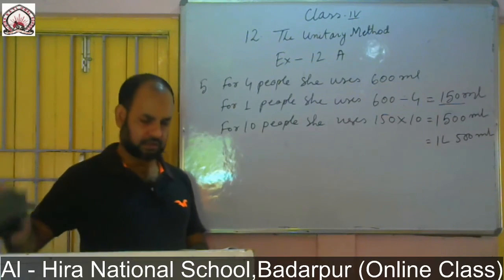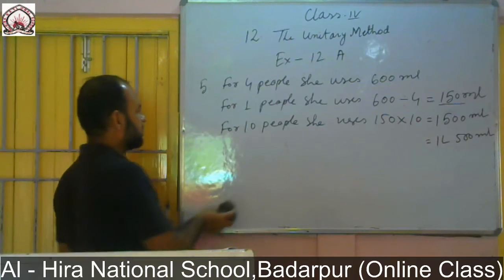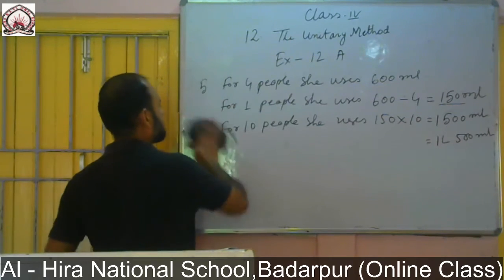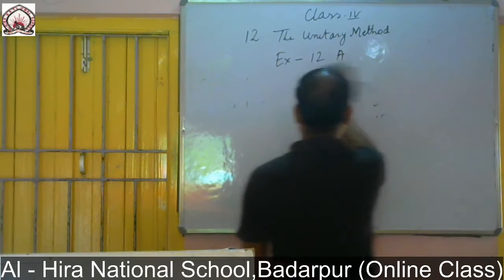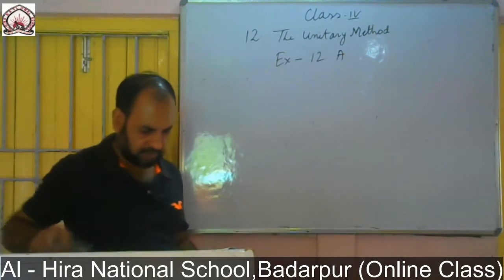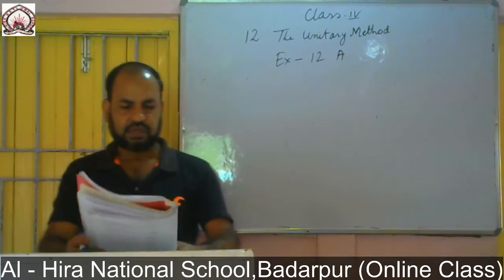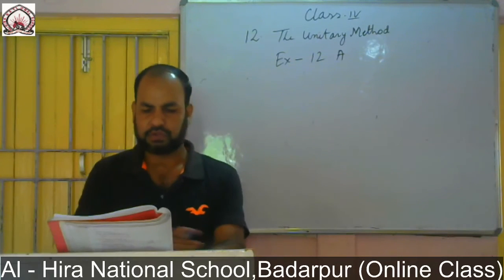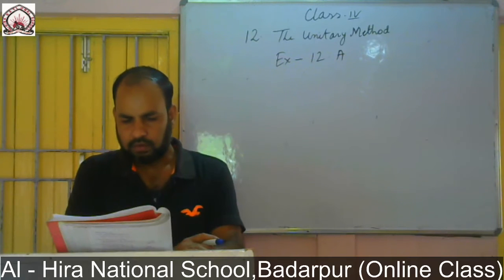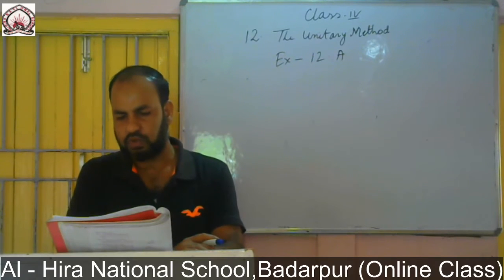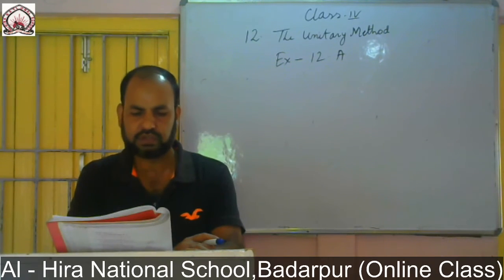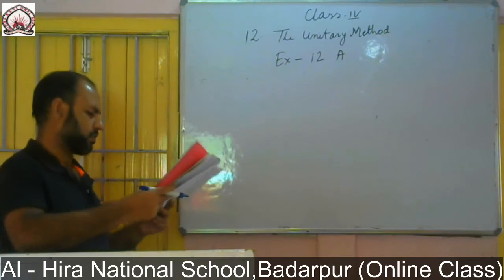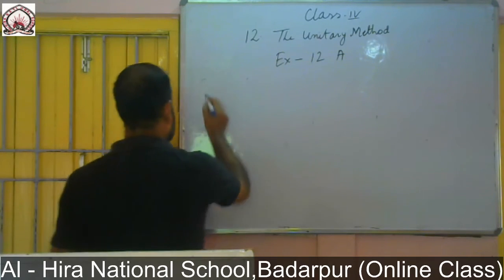Next, question number 6. 3 cakes of soap of the same size, weight is 210 gram. How much do 20 such cakes of soap weigh? So question number 6.